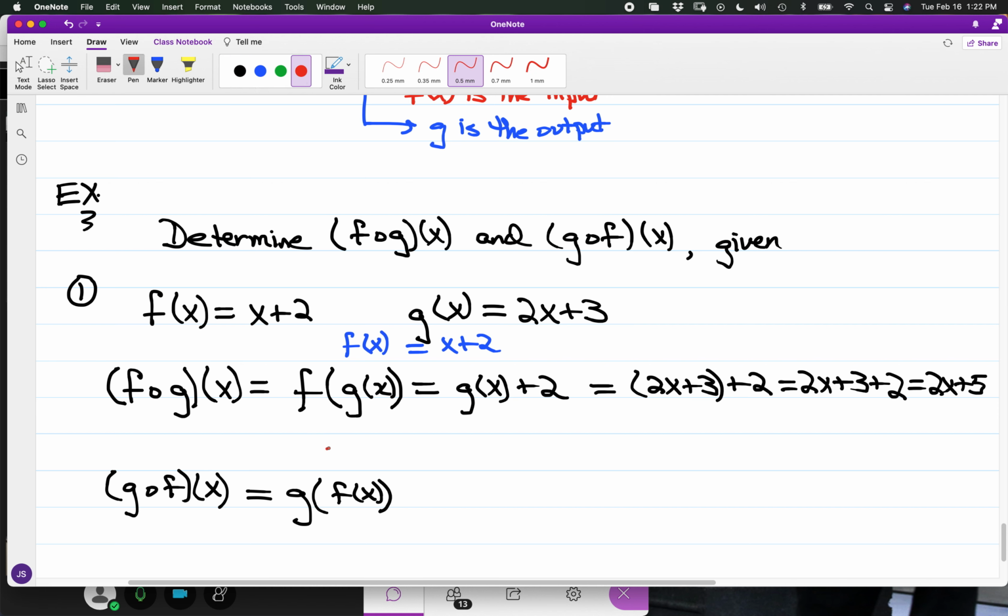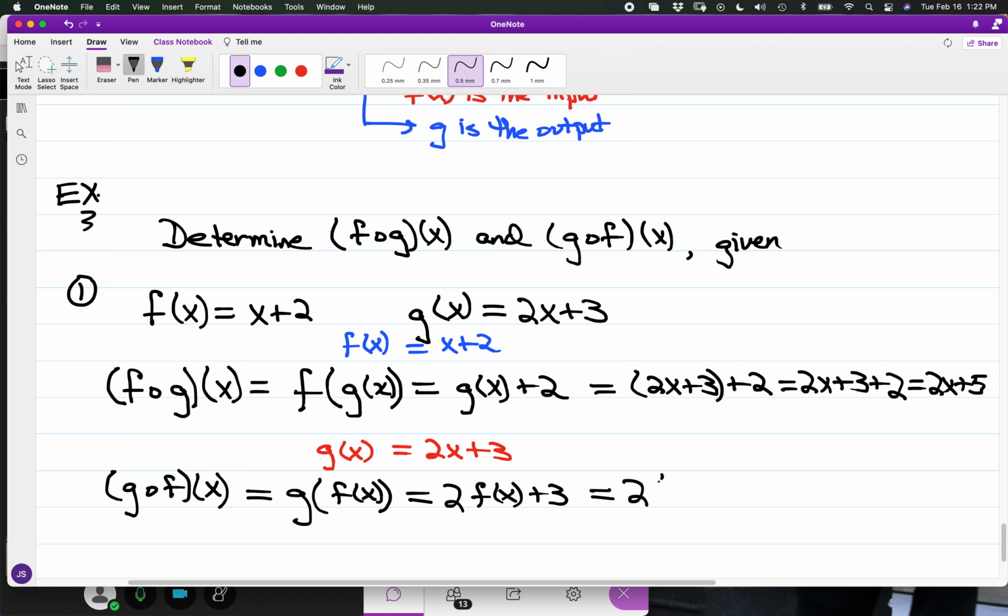So g of the input is equal to 2 times the input plus 3. Now the input here in the composition is going to be f of x. So I'm going to have 2 times f of x plus 3.